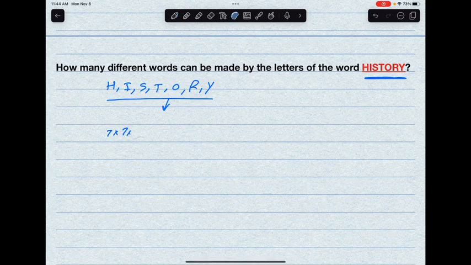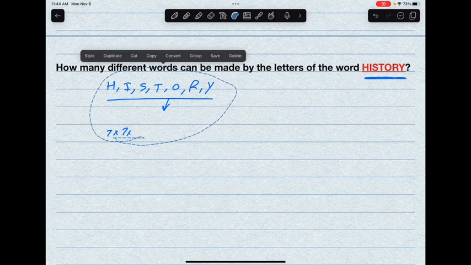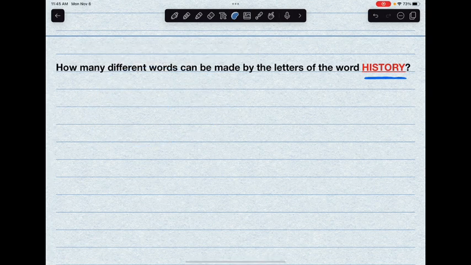Now let's go back to our question here. When we have the word history and we are going to make 7-letter words. So here again it's supposed to be a 7-letter word, because it's a word, therefore we have order. We have the first letter, second letter, seventh letter, but the difference here is for the first place, for the first letter, we can choose any of those 7 letters.